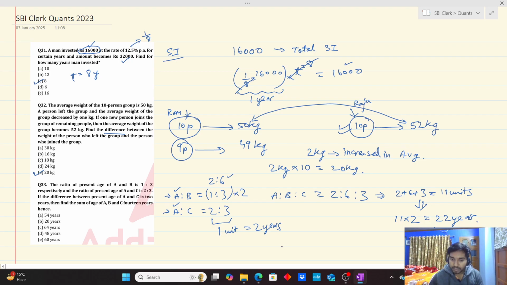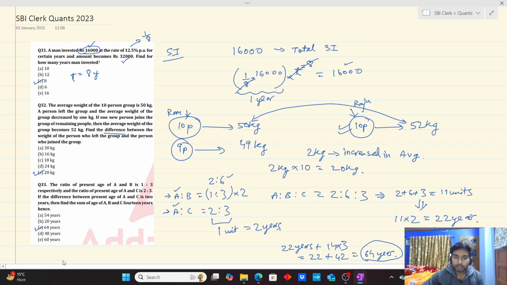So if the present sum is 22 years, after 14 years it would be 14 years for each one of them, so multiplied by 3, that becomes 22 plus 42, that is 64 years would be their sum of age after 14 years. That's your answer.